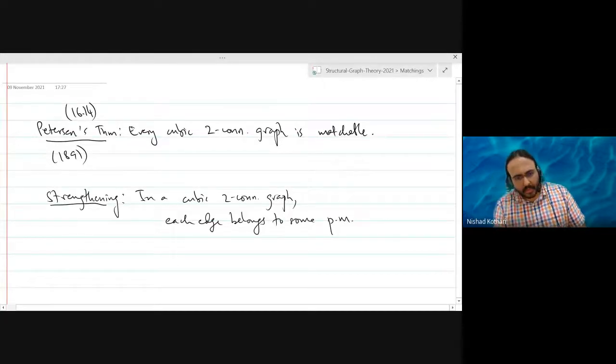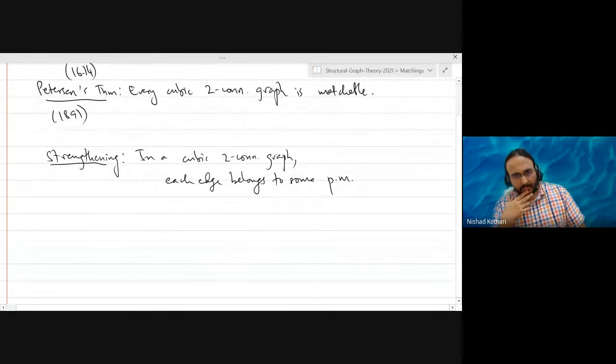You might be proving this on your assignment or one of the try-it-yourself problems. The proof is fairly similar to the proof of Petersen's theorem that we discussed in our lectures, which is using Tutte's theorem. So using very similar ideas, you can prove this result.